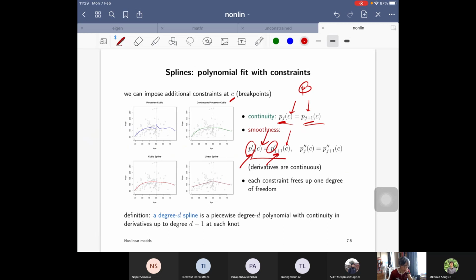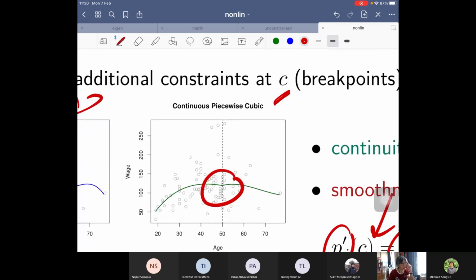Whenever you impose one constraint, let's take a look at this graph. This is a piecewise cubic polynomial. It is not continuous. But when you impose the continuity constraint, they are joined. But in this graph, is the green graph smooth, Hirawat?